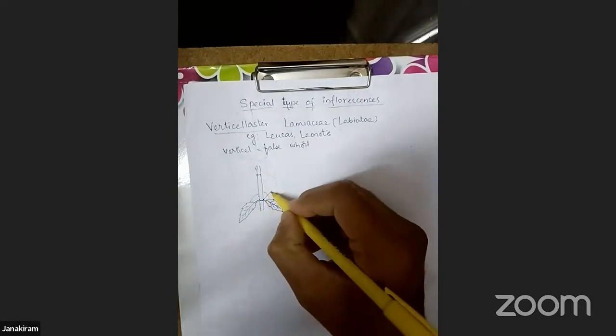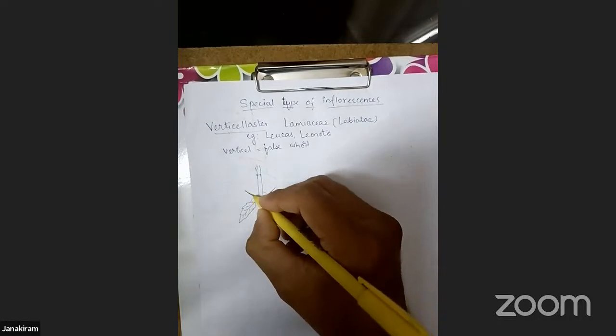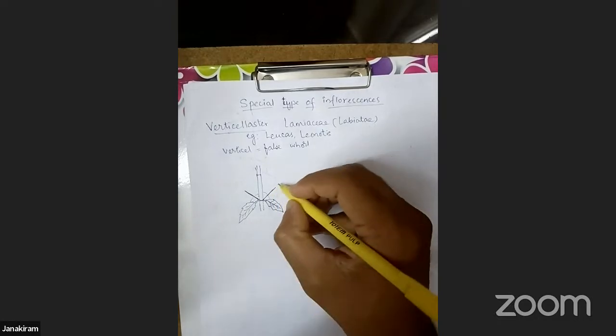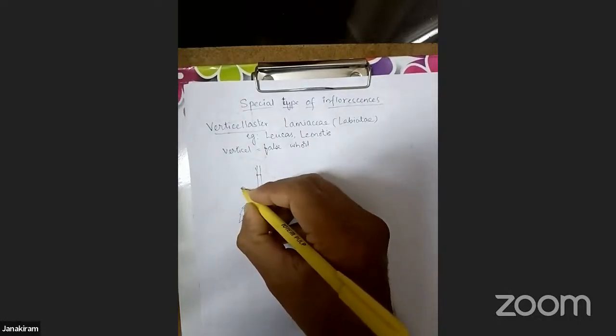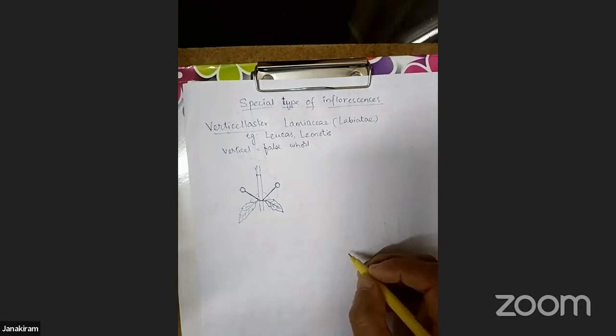So this is a peduncle, and this is one more. Here the peduncle will stop its growth by formation of a flower at its end. So that means it appears to be like 2 branches which are arising at a time.